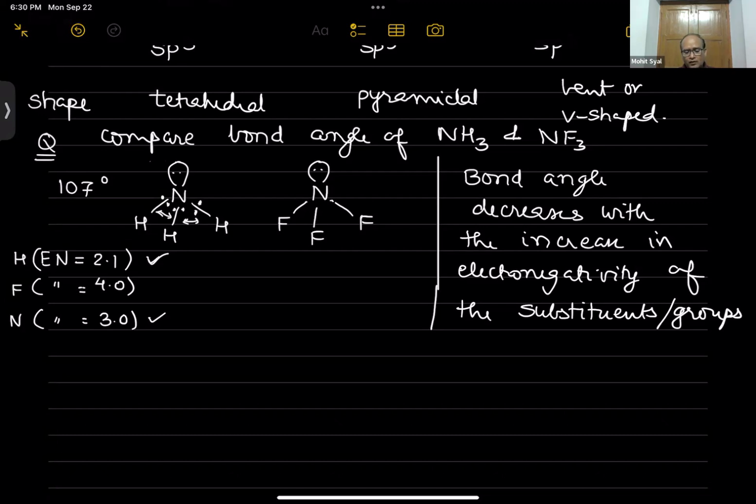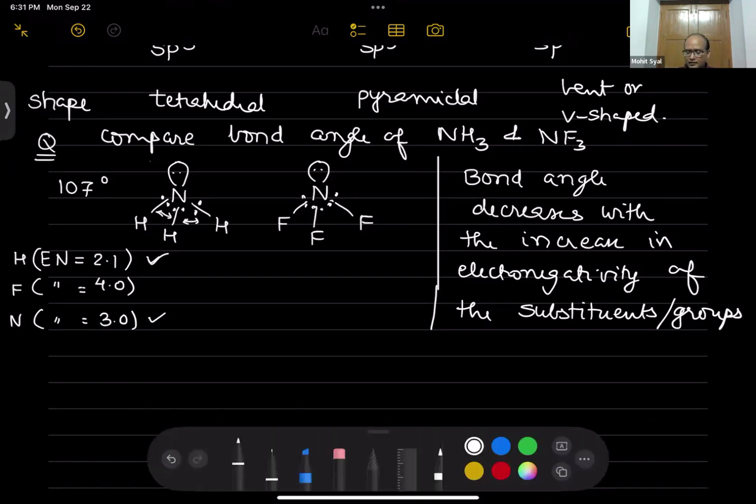If you look at the bond between nitrogen and fluorine, who is more electronegative? Fluorine. F is more electronegative. So the bonded electron pairs are going to be like this, or like this.